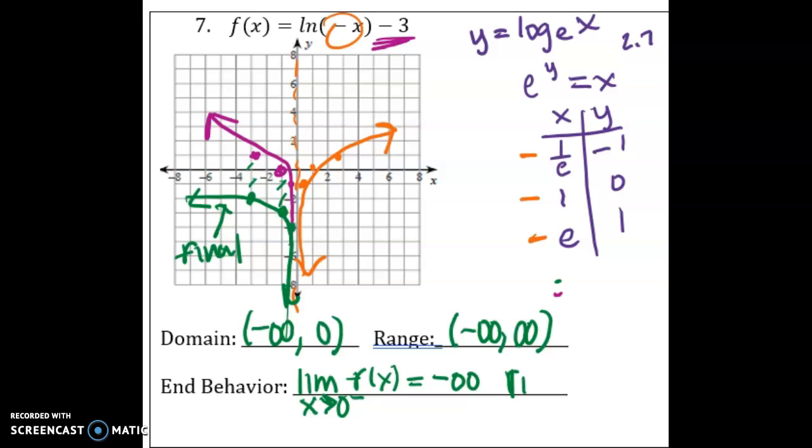And then the limit as x approaches negative infinity, because this time we actually are going to negative infinity, of f of x equals infinity. We are going to be getting bigger.